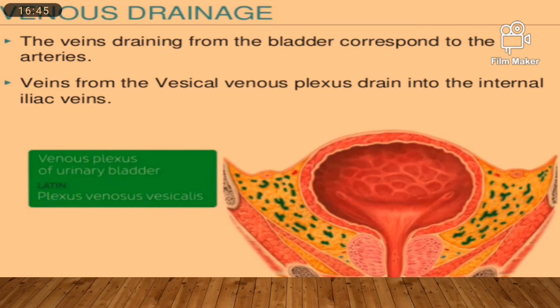Now the venous drainage: the veins draining the bladder correspond to the arteries. Veins from the vesical venous plexus drain into the internal iliac vein. Venous plexus of the urinary bladder, you can see the plexus of venous vesicles, here you can see.